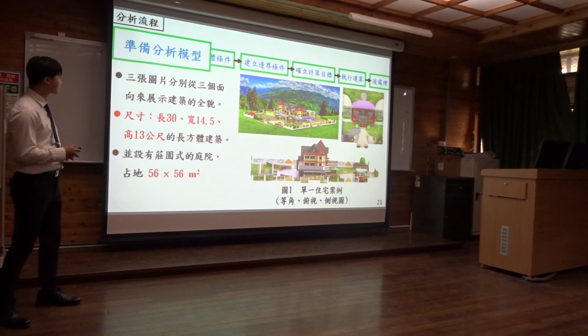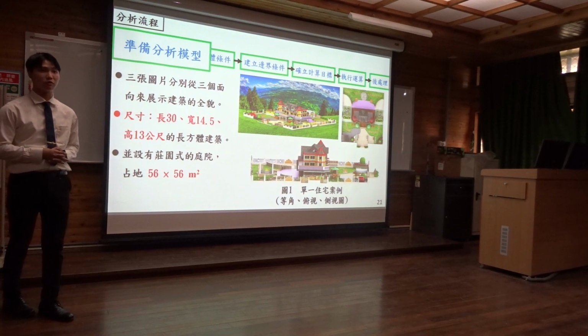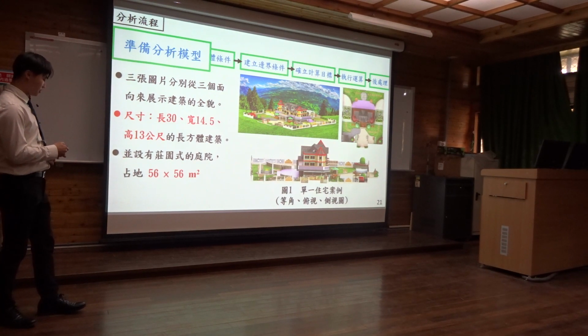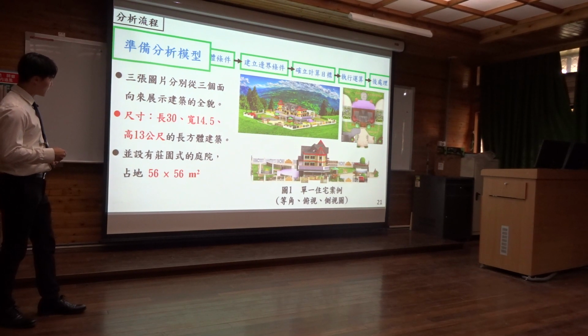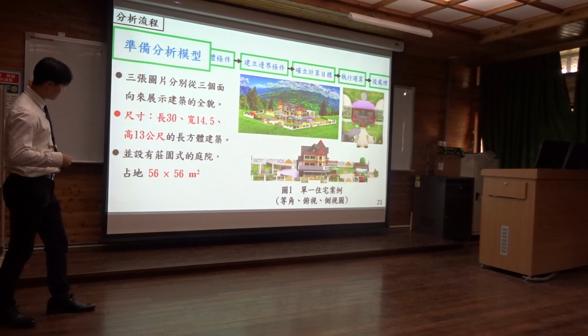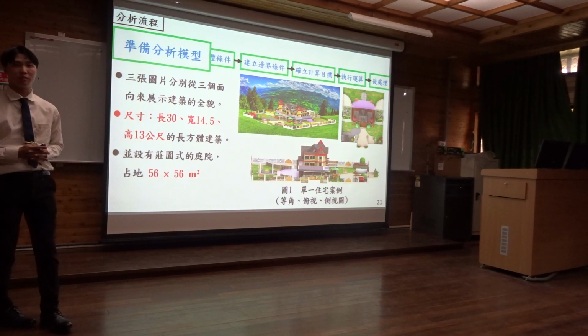The 3 pictures show 3 aspects of the whole view of the building. Its dimensions are 13 meters long, 40.5 meters wide, and 13 meters high, with a courtyard of 56 times 56 square meters around the building.